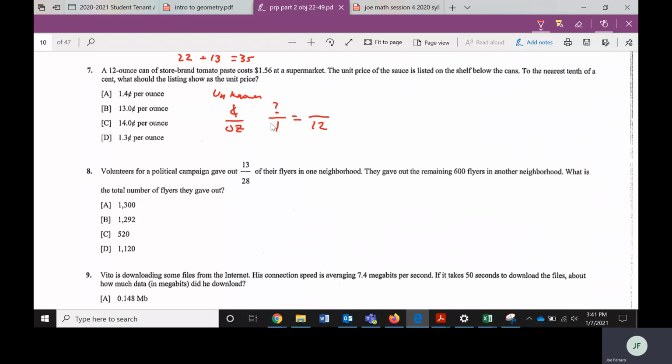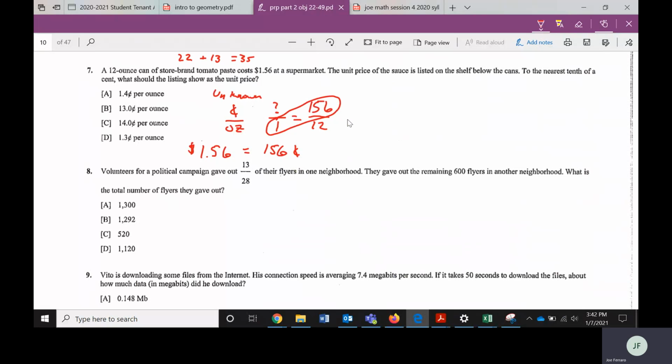They want cents per ounce. Now you could put $1.56 here, but that would give you dollars per ounce, and then you'd have to convert it after. So what I'm going to do is convert it first. So I'm just going to know that $1.56 is the same as 156 cents. Okay, a cent is just a penny, and how many pennies are in $1.56? It's 156. Okay, so now once you've done that, now it's just cross multiply and divide.